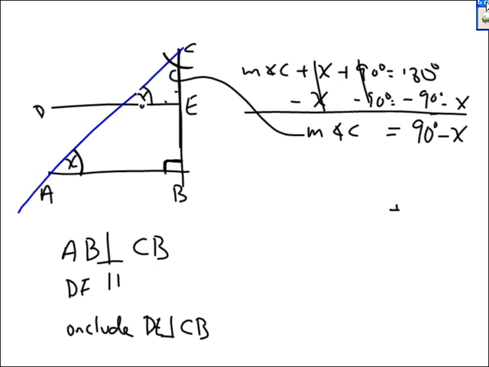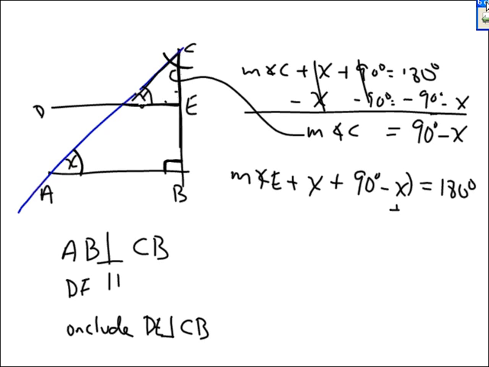Okay, now let us look at this little triangle, this one up here. The measure of angle E plus x plus 90 minus x, that's angle C, this must equal 180.